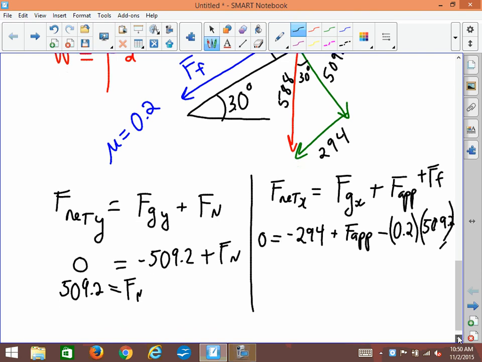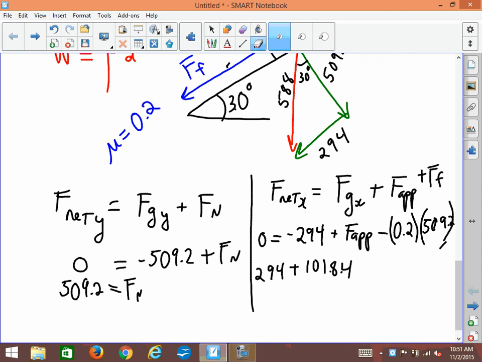Okay, so we crunch our numbers, and if I move all those numbers to the other side, it's 294, and it's going to be adding 101.84, right? Gotta double check on the calculator as we zip through this. So what's the final answer for the F applied? 395.8.